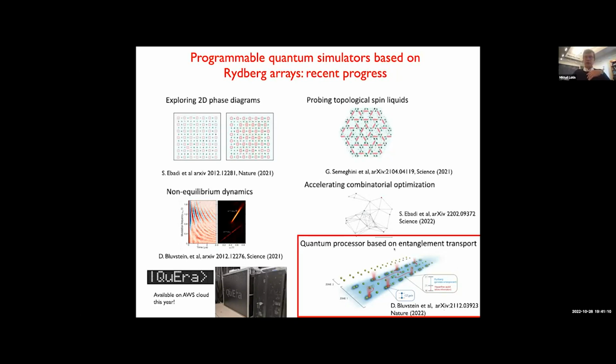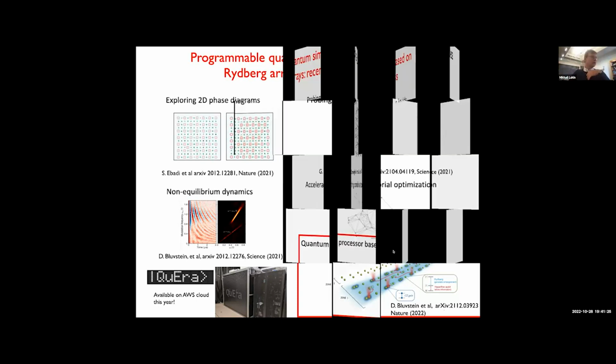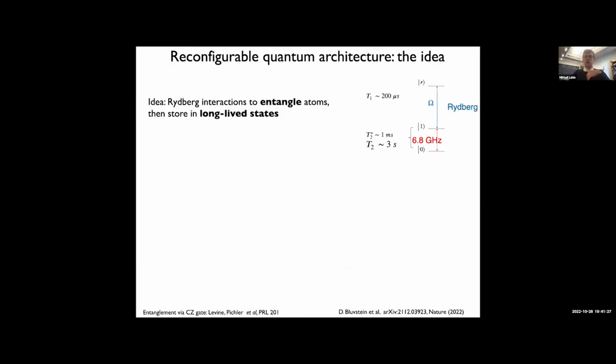But instead of what I've shown you here, where we first design the atomic system with certain connectivity and then try to run our algorithm, I will focus on the architecture in which this connectivity is itself a living organism, which can change during the program which we are running.